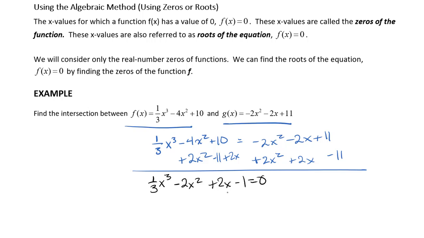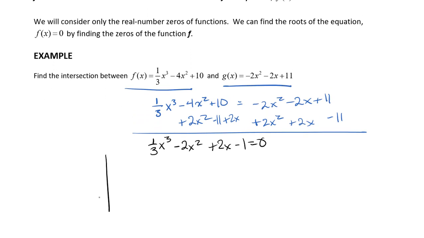Now go ahead and take a minute and graph this. The points at which your function crosses the x-axis are the points at which the x values would define the intersection of f of x with g of x.